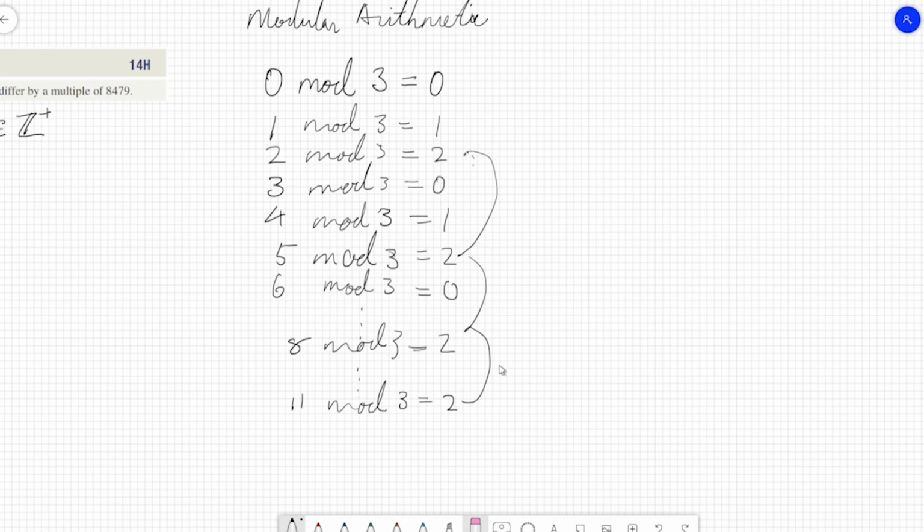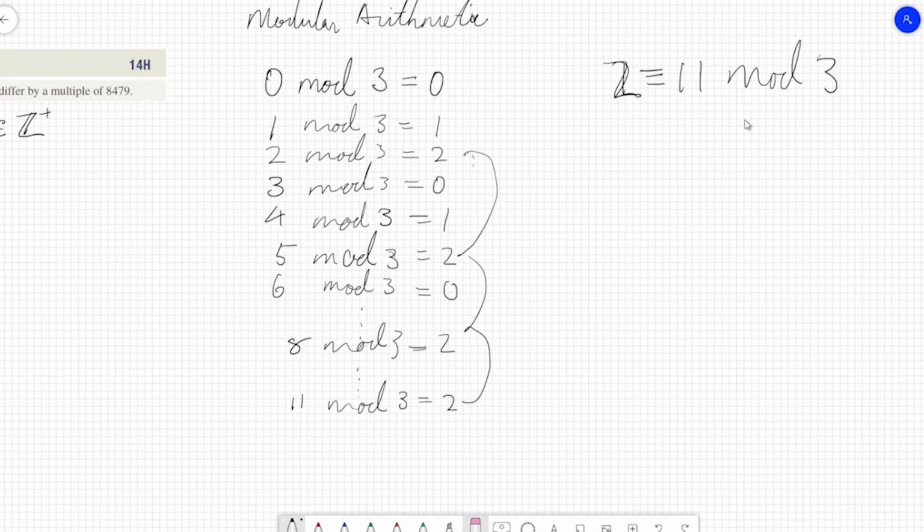So in the language of modular arithmetic, it means they are congruent. We can say that 2 is congruent to 11 modulo 3.